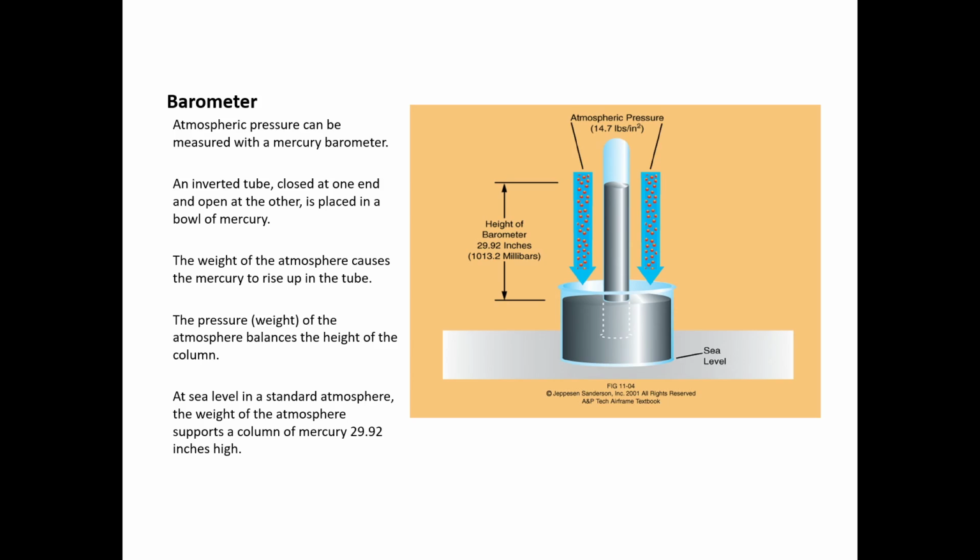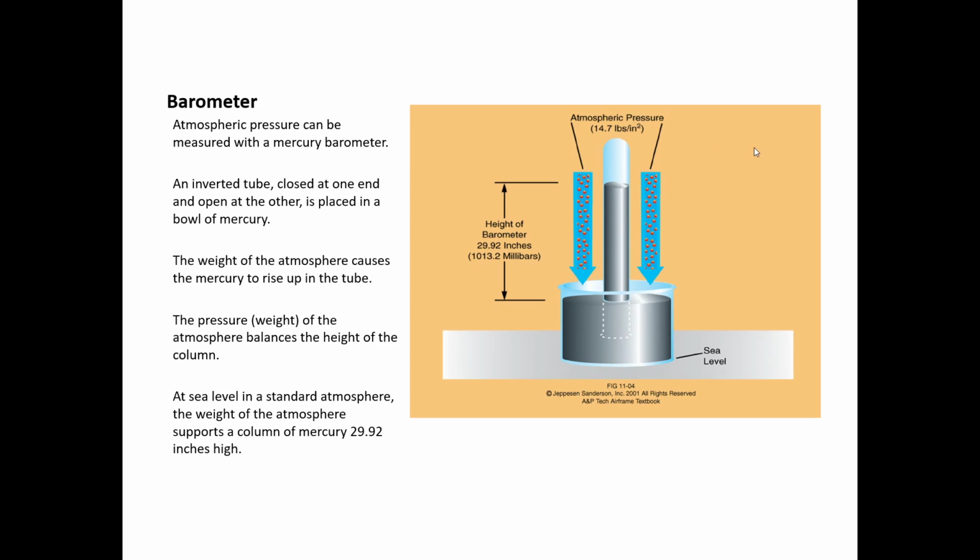You've seen the operation of a barometer before, just the atmospheric pressure pushes. They originally used mercury to measure pressure and temperature. And so basically, how far up will the regular air pressure push the mercury up the tube?